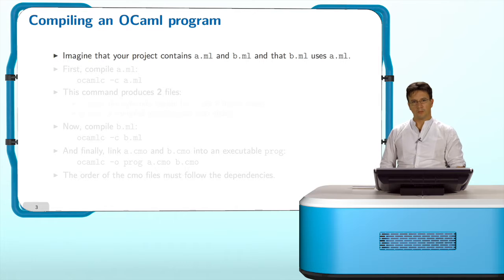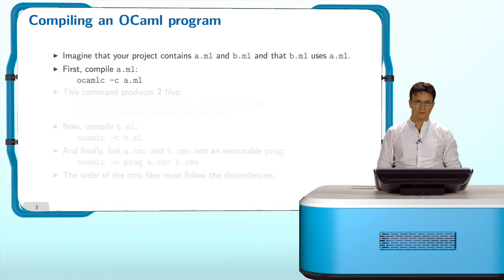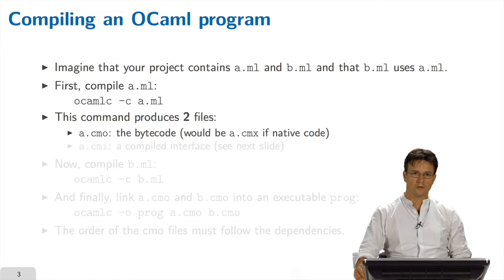So imagine that you have a project with two files, a.ml and b.ml, and that b.ml uses a.ml. So first, you have to compile a.ml. The command is ocamlc -c a.ml. This command will produce two files. The first one is a .cmo file, and it's actually the compiled code.